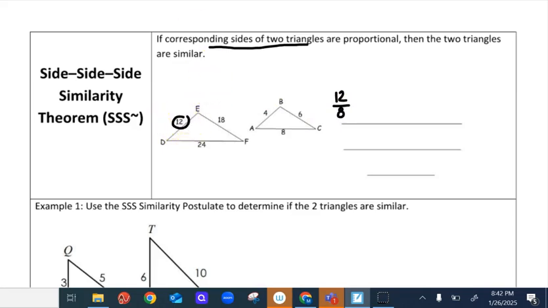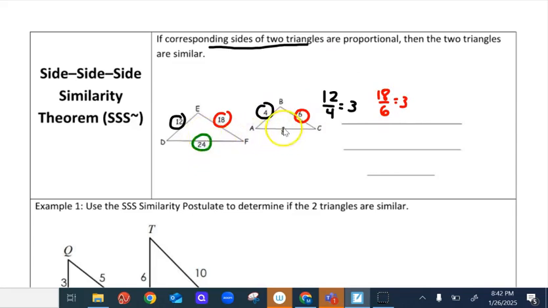So the 12 is going to go with the 4. Let's divide it out, and we're going to get a 3. In this case, 18 divided by 6 also gives us a 3.